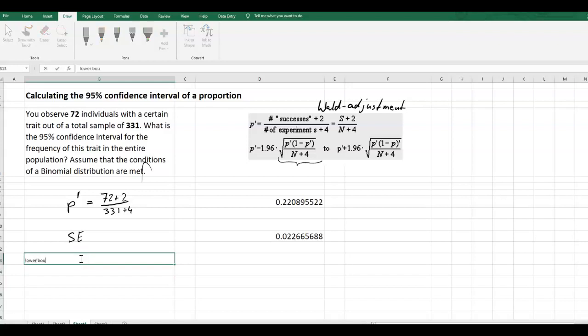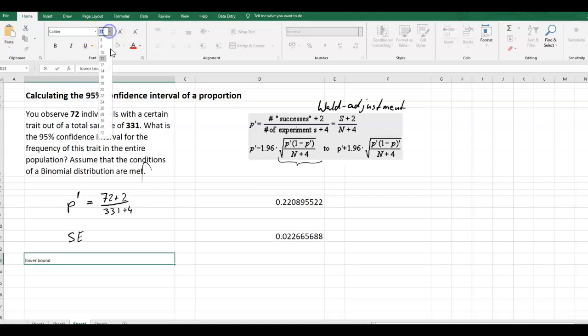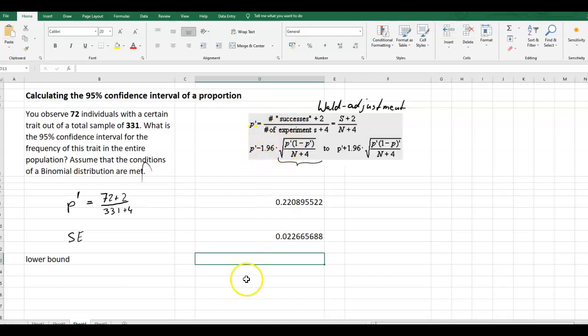And now we can calculate the lower bound. For this we just make this a little bit larger. The lower bound, we simply use this equation here and say equals the adjusted ratio, that's what we calculated here, minus 1.96 times the standard error that we just calculated.